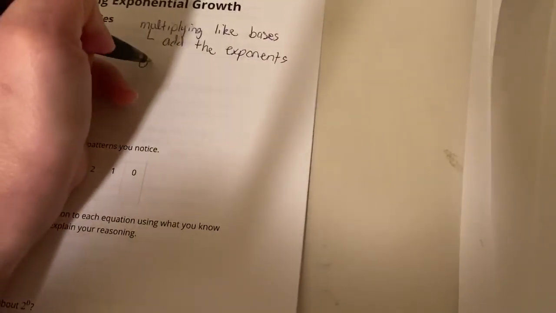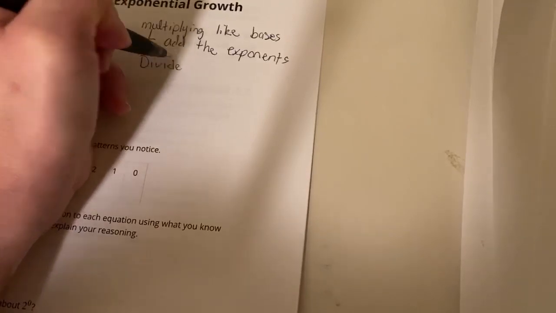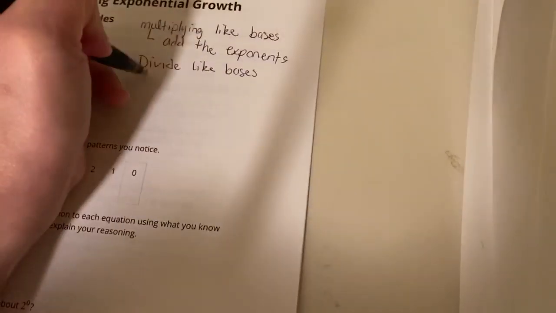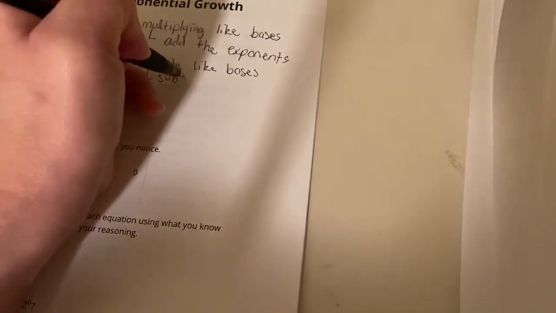When you divide like bases, then you subtract the exponents.